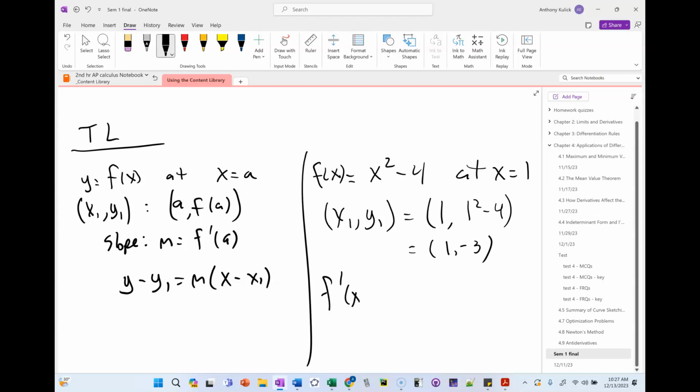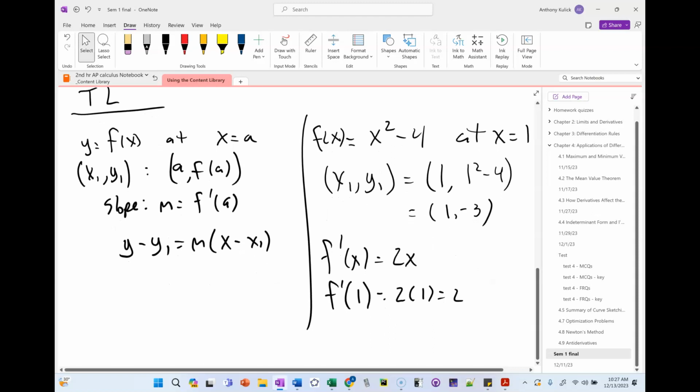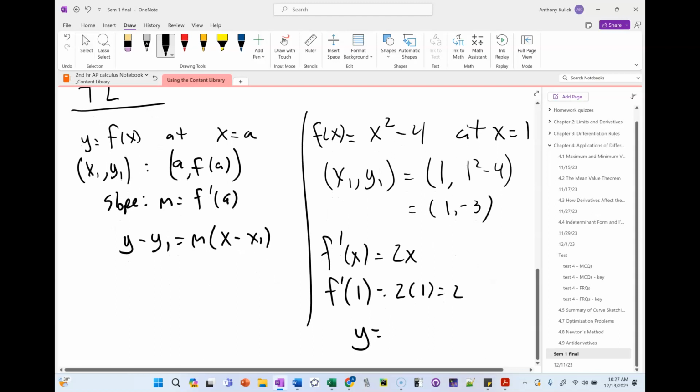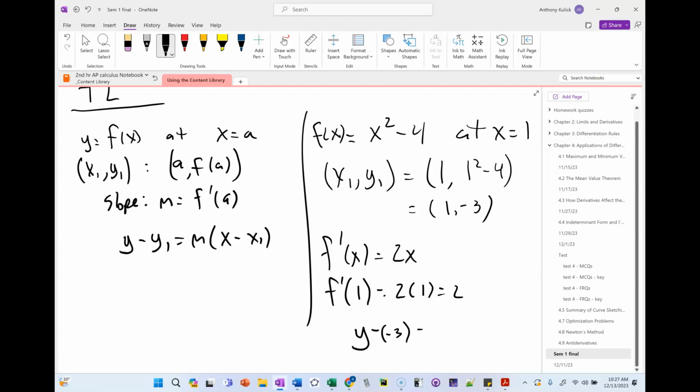And then the derivative of that is 2x. So f prime of 1 is 2. So the equation for my tangent line is going to be y minus negative 3 equals 2 times x minus 1.